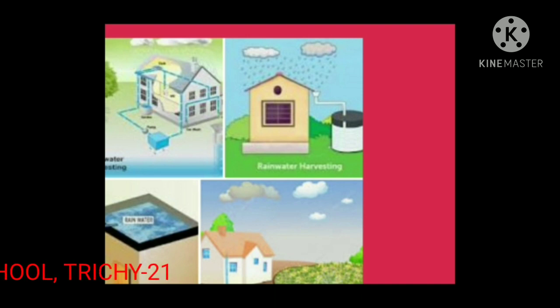The rainwater on the top of the building is collected and passed into the ground through the pipes. The water passes through the pipes, enters the pit, which consists of gravels and coarse sand. As it passes, impurities are filtered and it is stored as groundwater.